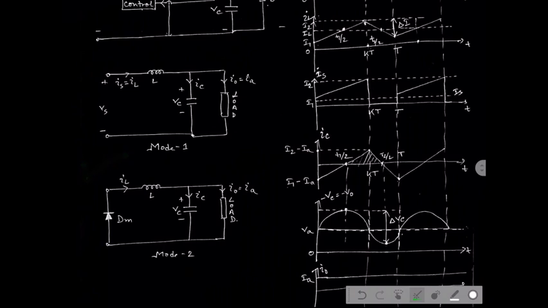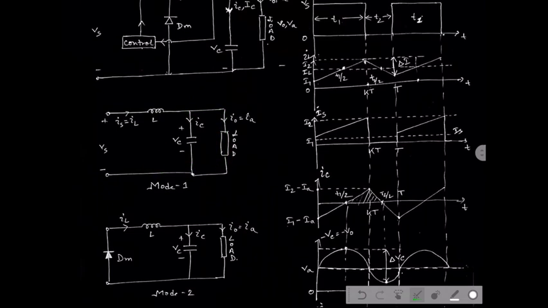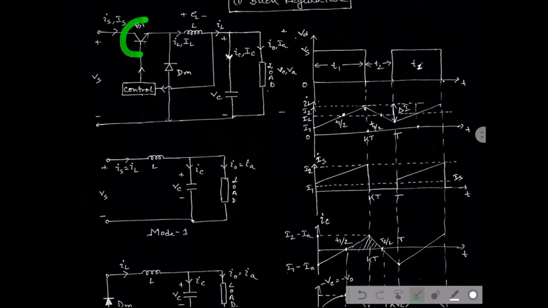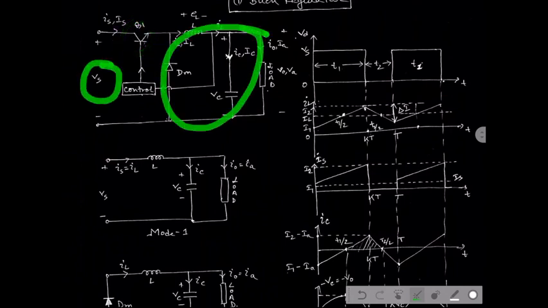In mode 1 operation, when the switch is closed, that means the switch is in on state, then the source current IS starts flowing to the capacitor as well as to the load. This is mode 1 operation. Now, when the switch is open, there is no connection of the circuit to the supply voltage.